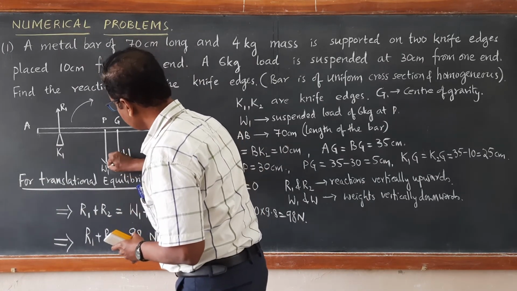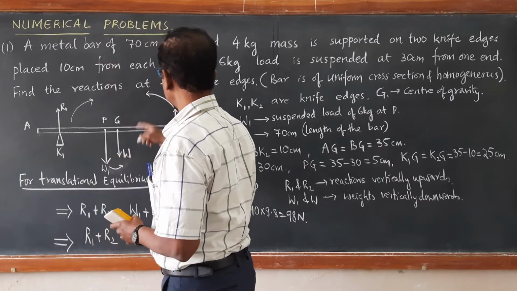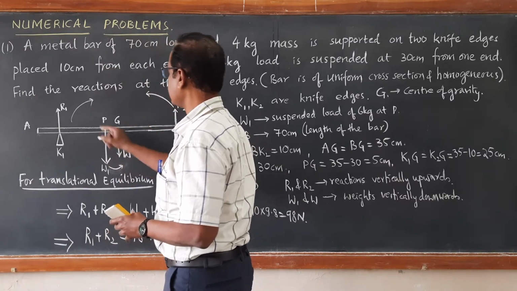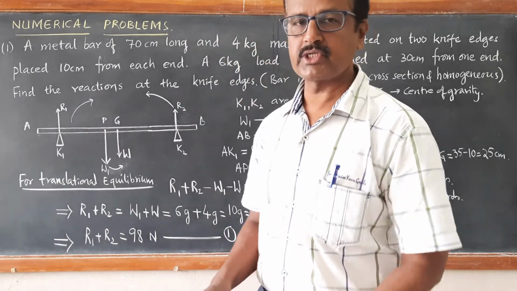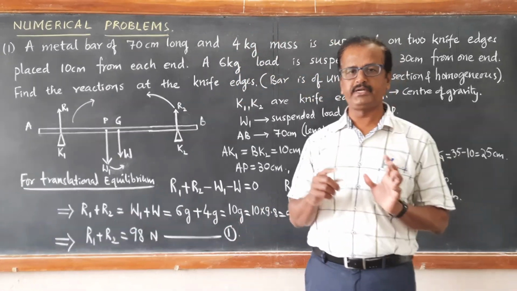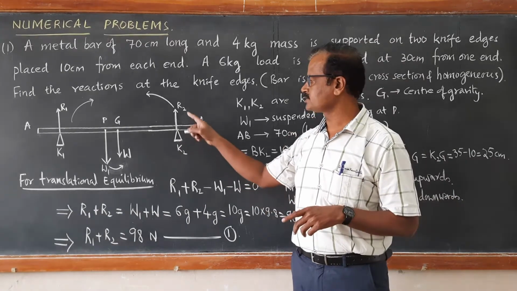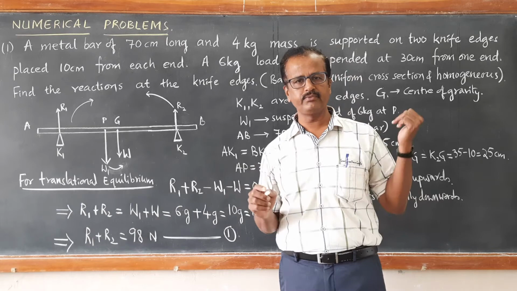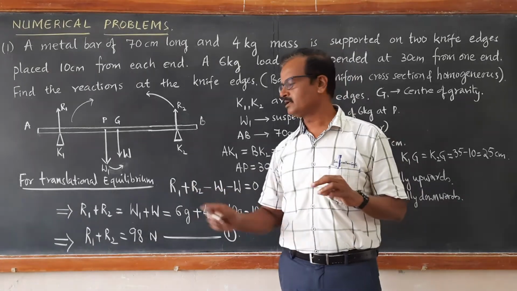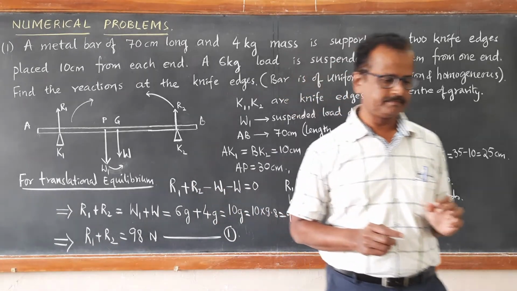So there are two anti-clockwise sense torques and one clockwise sense torque. By sign convention, clockwise torque must be taken negative and anti-clockwise torques must be taken positive. With that convention we will write the equation for the rotational equilibrium.